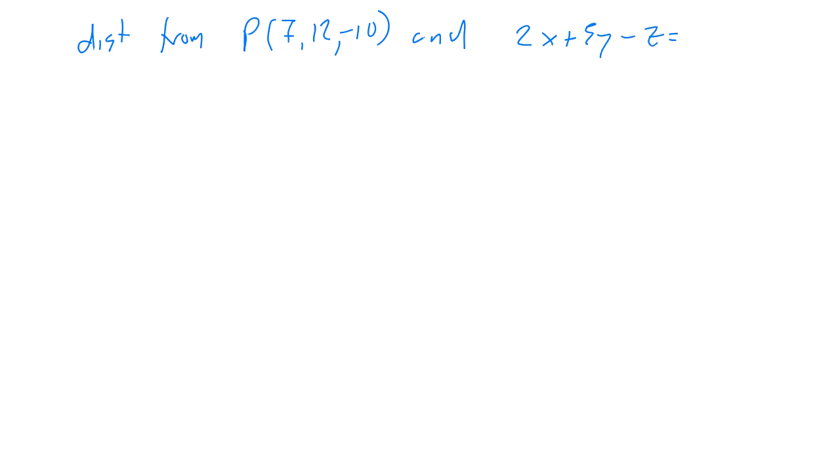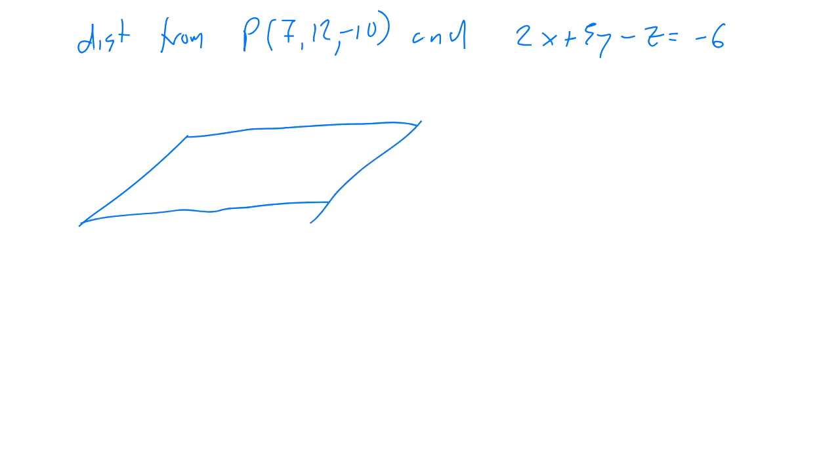We want the distance from the point 7, 12, -10, and the plane 2x plus 5y minus z equals -6. So let me draw a picture of what the method is, and then let's do the actual calculation.